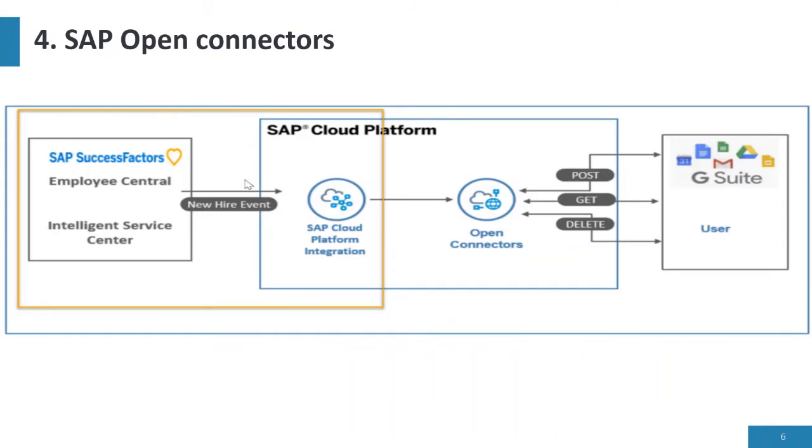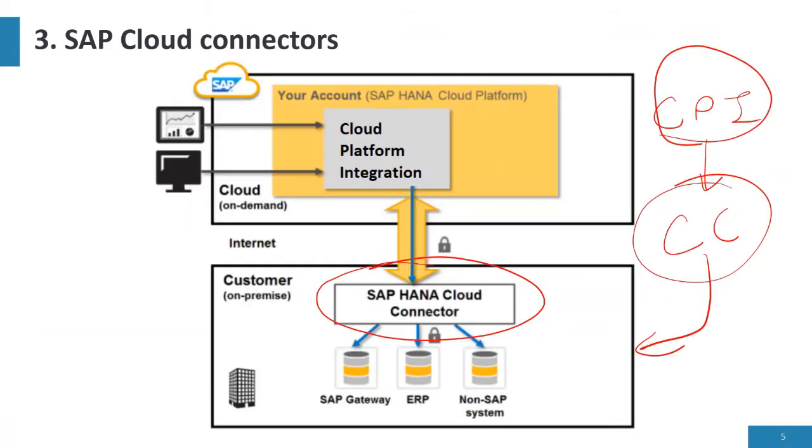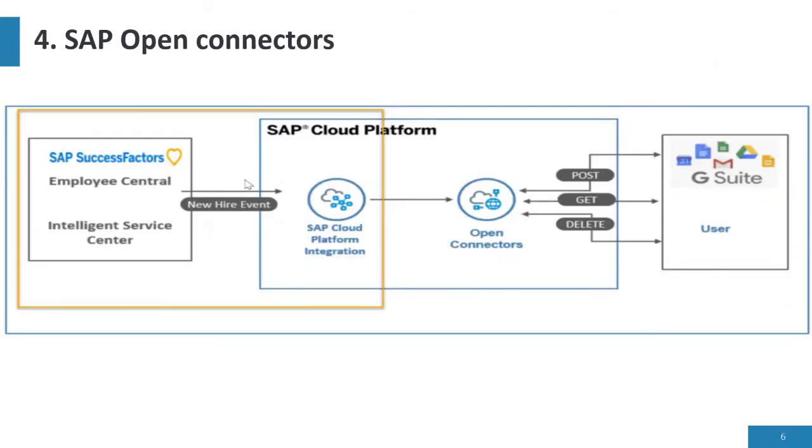So we'll move to the next slide, which is related to open connectors. In the previous slide we saw that for cloud to on premise, we used the cloud connector. Here we know that CPI is going to help us connect with on-premise systems, and it will also help us connect with cloud systems. It is very easy to connect with SAP cloud systems, but I'm not saying it's tough to connect with non-SAP cloud systems.